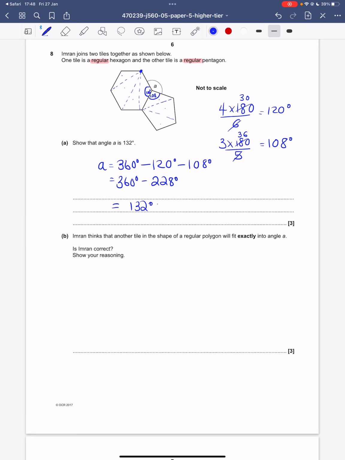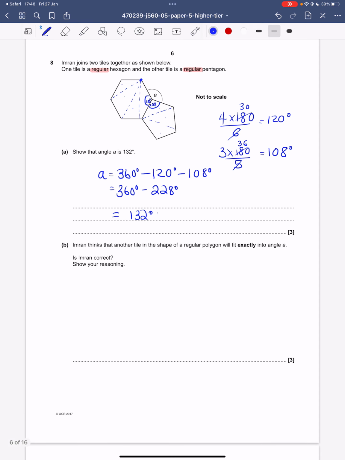Imran thinks that another tile in the shape of a regular polygon will fit exactly into angle A, 132 degrees. Is Imran correct? Show your reasoning. Okay, so what's important here? The 6-sided shape gives us 4. The 5-sided shape gives us 3.